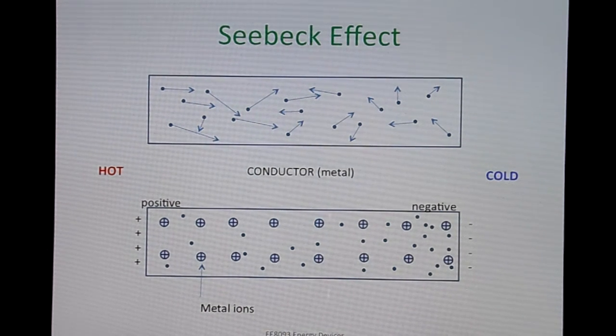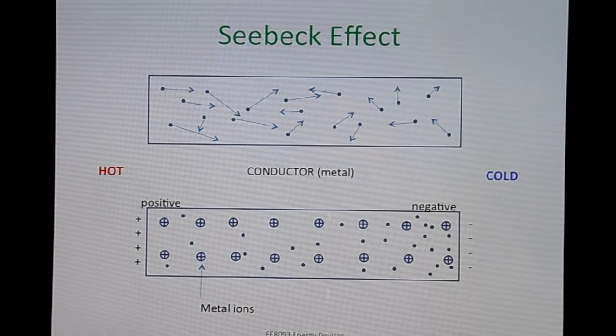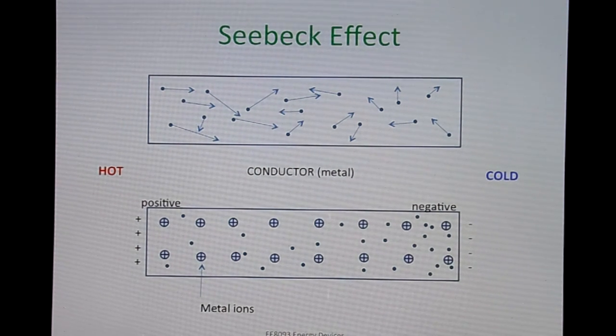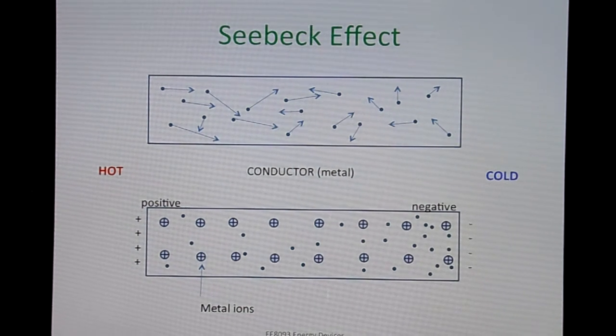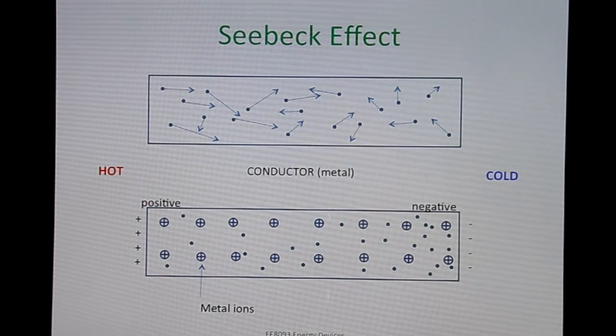And what this concentration difference in the electrons will give rise to is an electric field. This electric field is opposing the diffusion of the electrons from the hot side, and this is in fact the reason why you have no further net diffusion of electrons in the steady state.